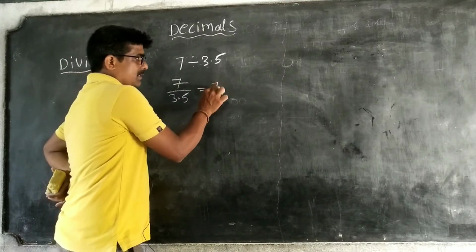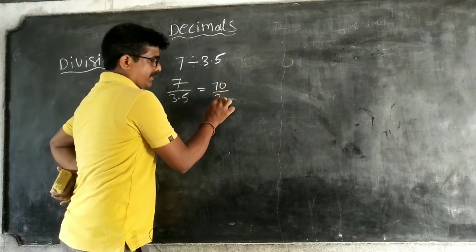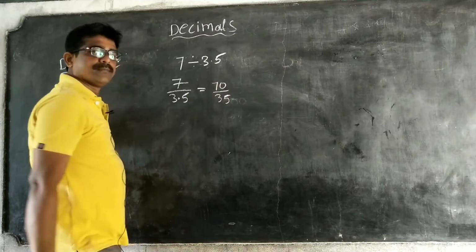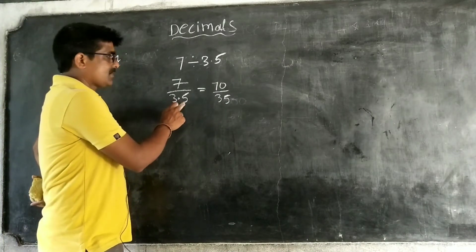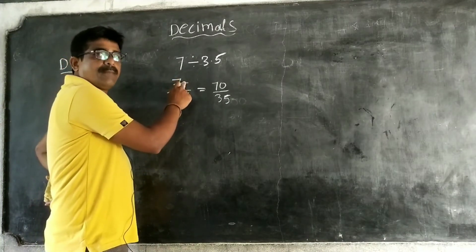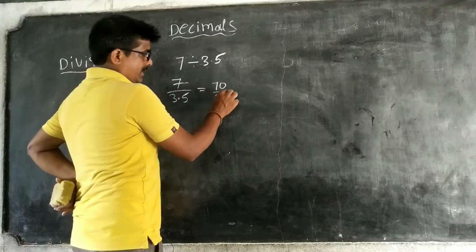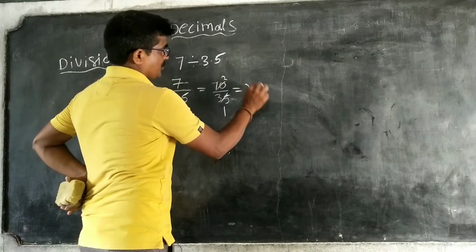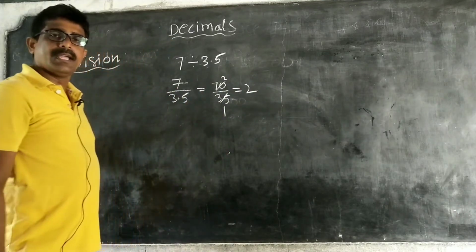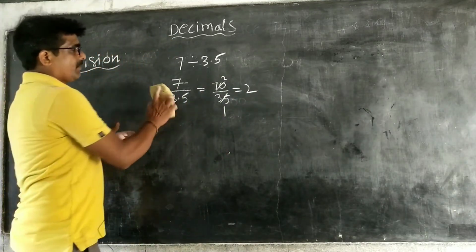That is equal to 70 by 35. Simple thing. Point after 1 digit, that's why 1 zero keep up. That is enough. 35 ones are 35, 35 twos are 70. That is equal to 2. Okay? Next, another problem.